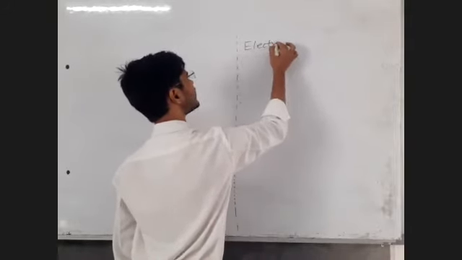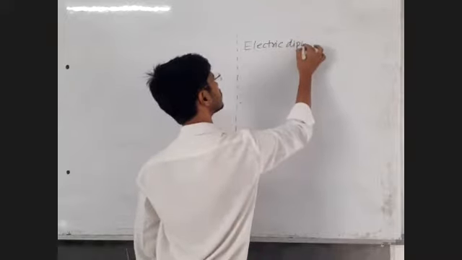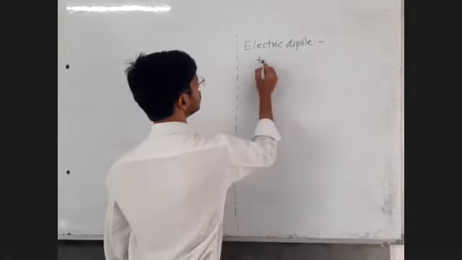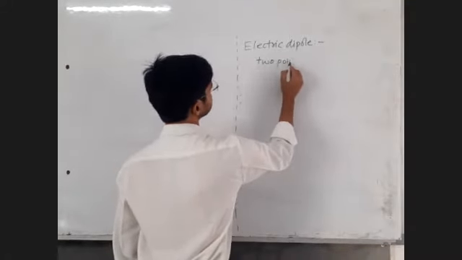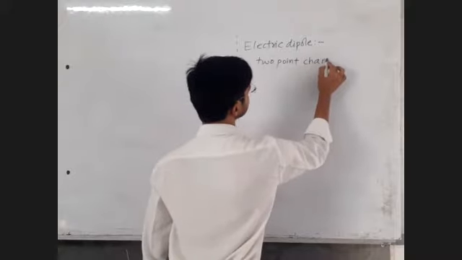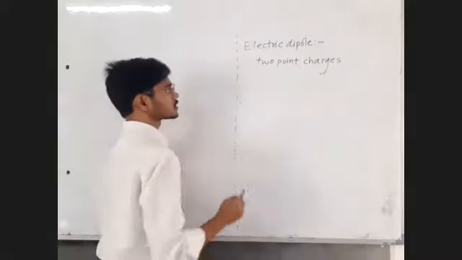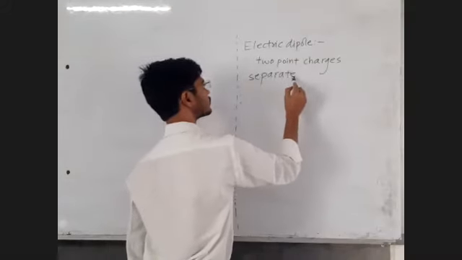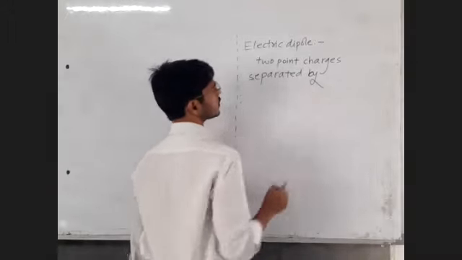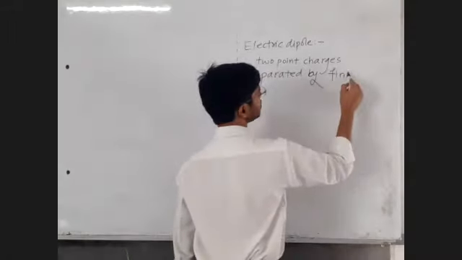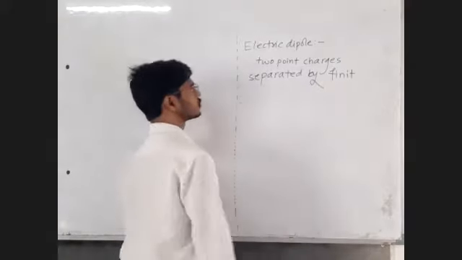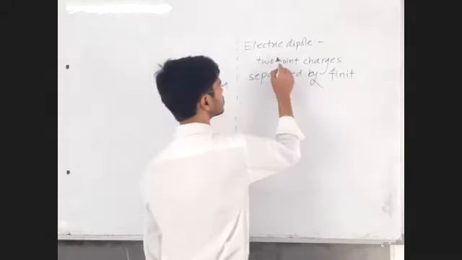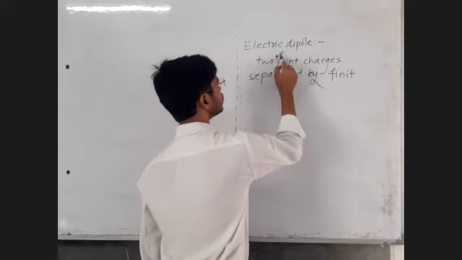Electric dipole. Very simple point. Write down: 2 point charges separated by a finite distance. It should not be infinite. 2 equal and opposite point charges.